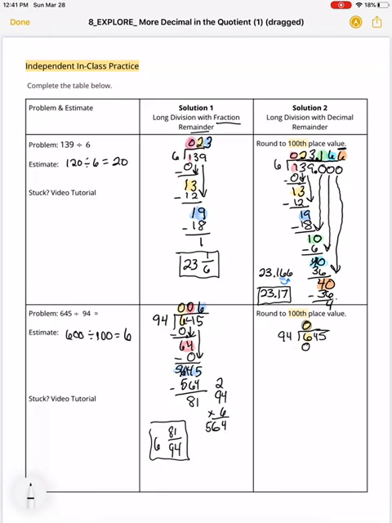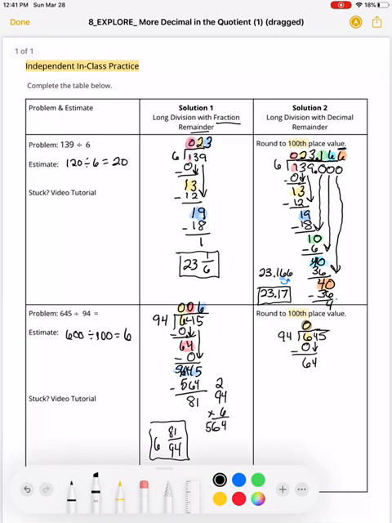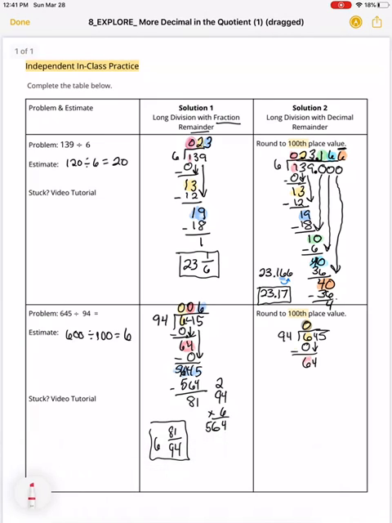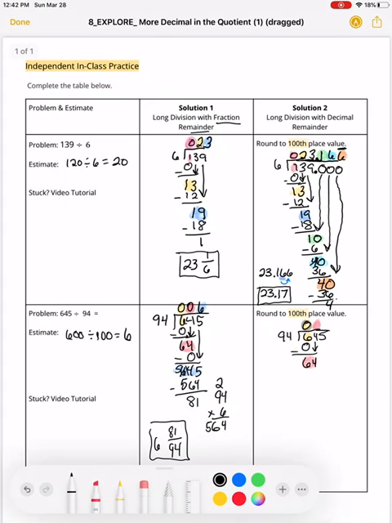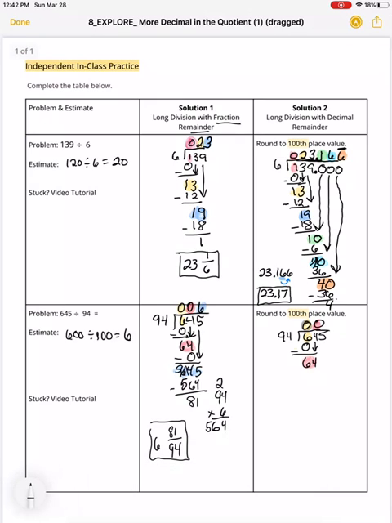And so 0 times 94 is 0. 6 minus 0 is 0. And I'm gonna bring down my 4. Now I ask, how many times does 94 fit into 64? My answer is gonna go up top here. So 94 goes into 64 0 times. 64 minus 0 is 64. And I'm going to bring this down.